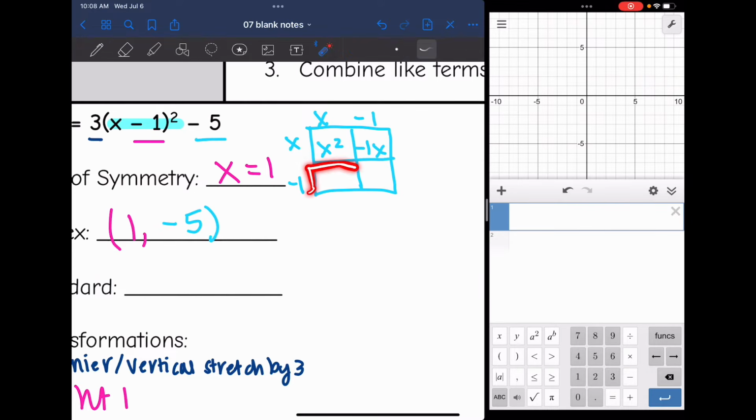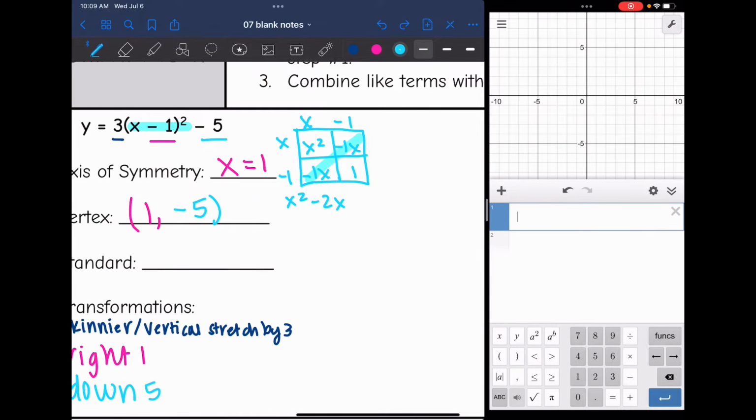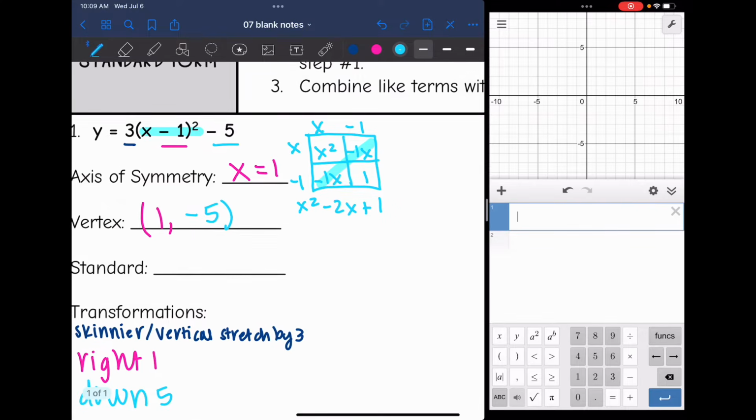Negative 1 times x is negative 1x. And negative 1 times negative 1 is 1. And then I combine like terms, and I get x squared minus 2x plus 1. I was looking at the minus 5 from up here.